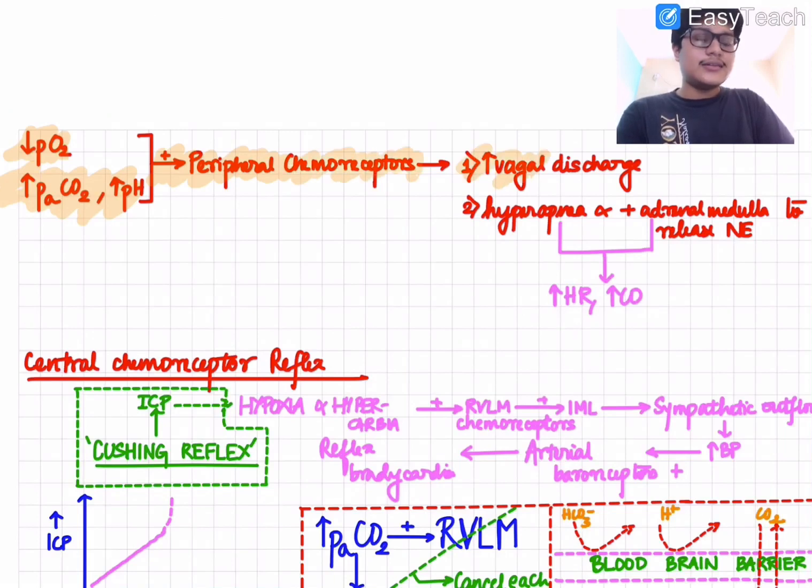There will be an increase in vagal discharge, which will send signals to the medulla, and also in response to the chemoreceptor signals there will be hyperpnea, an increased respiratory rate, and also the adrenal medulla will be stimulated to release norepinephrine. These two actions will increase the heart rate and the cardiac output.